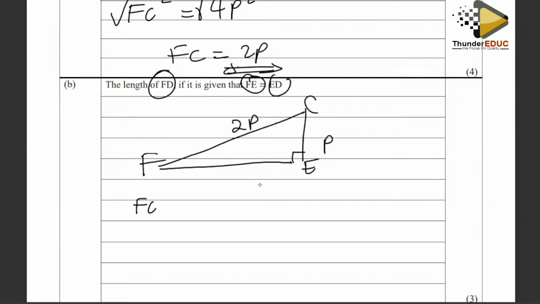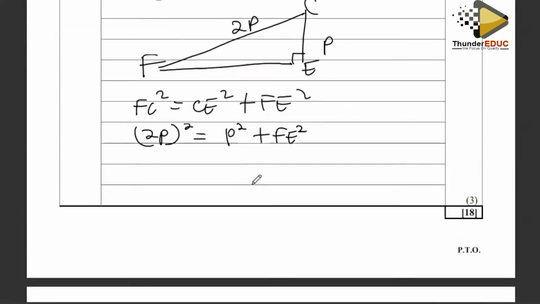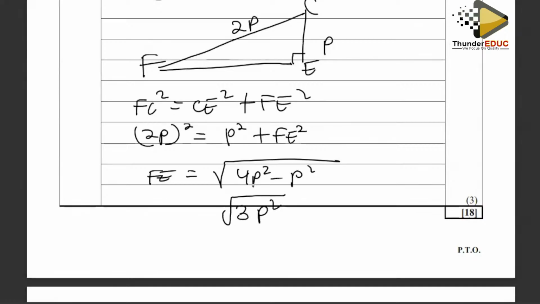So we're going to say that FC squared is the same as CE squared plus FE squared. So 2P squared is equivalent to CE, which is P squared, plus FE squared. So meaning that our FE alone is going to be the square root of 4P squared minus P squared, which gives me 3P squared, and the square root is the same as root 3 of P, okay?